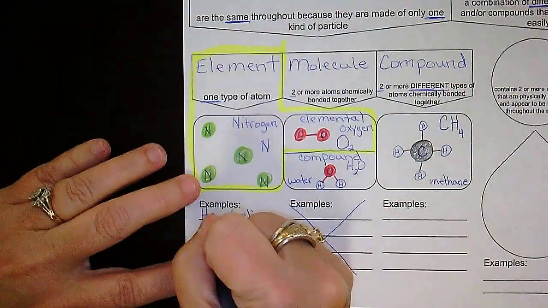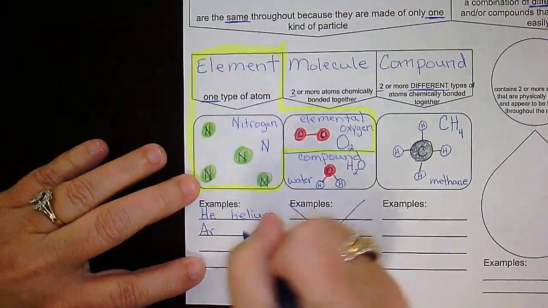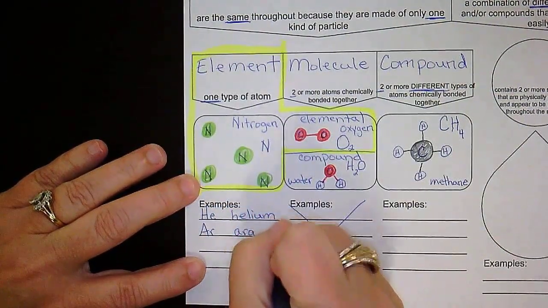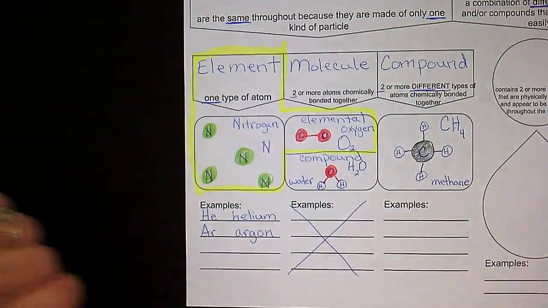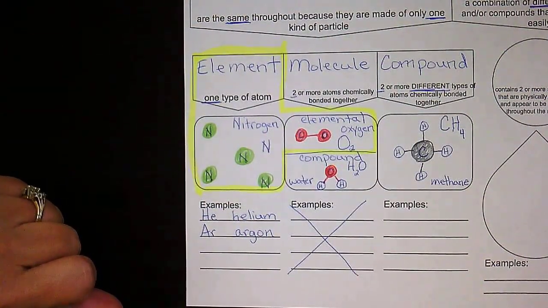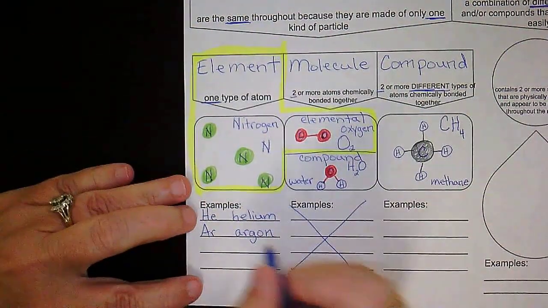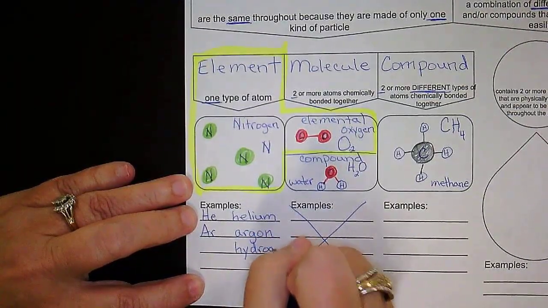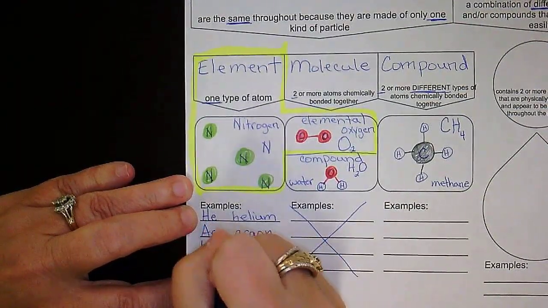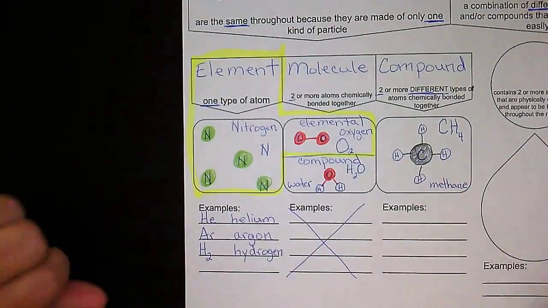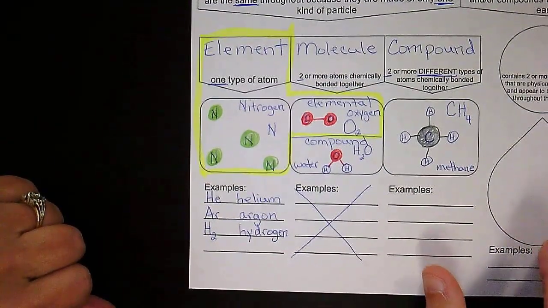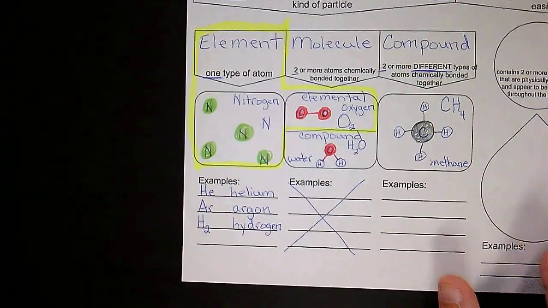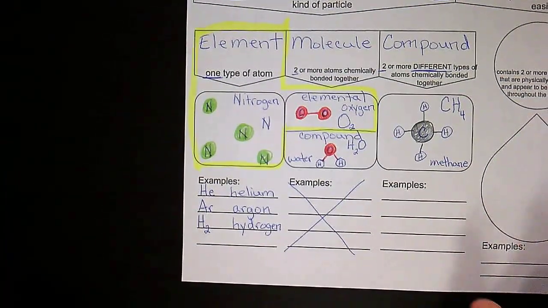If you know any welders, they might use argon. That's an element. You can find it on the periodic table. You might also see hydrogen written as capital H with a little 2. The gas hydrogen, that's how it is in the air.